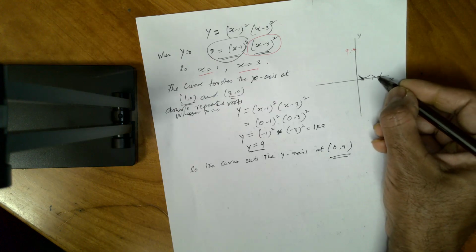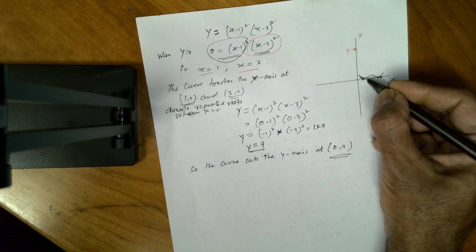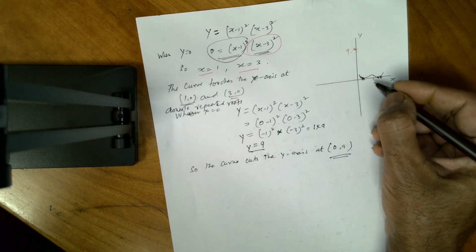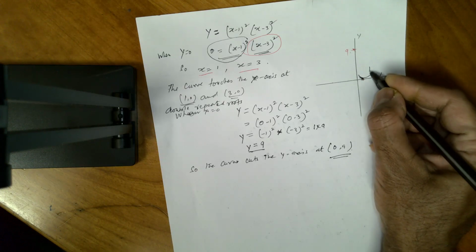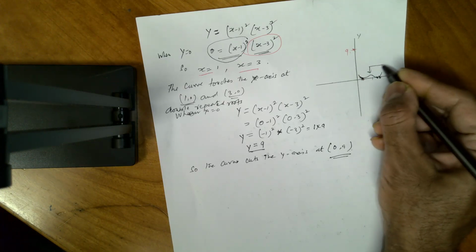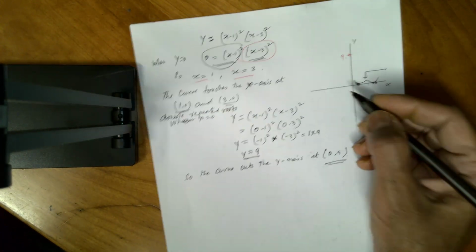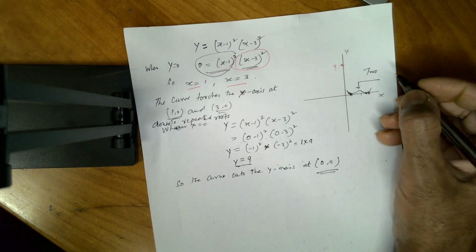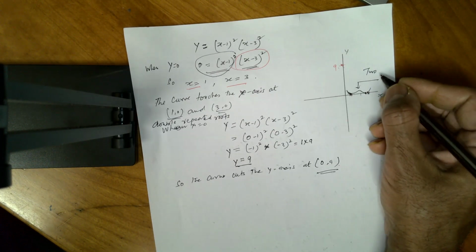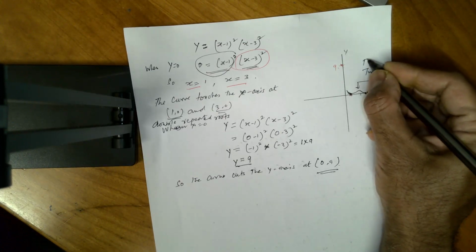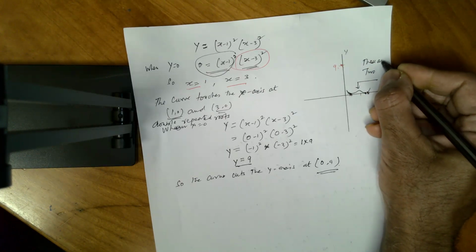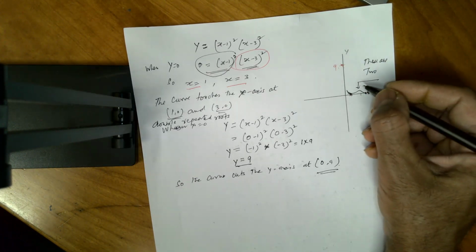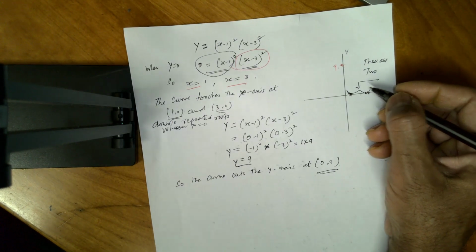I have 1 point here, 1 point here. Okay, because, and this we get because of 2, or you can say, so these are 2 double repeated roots.